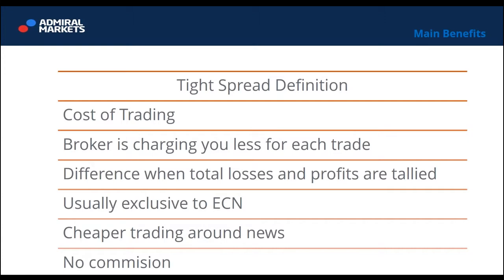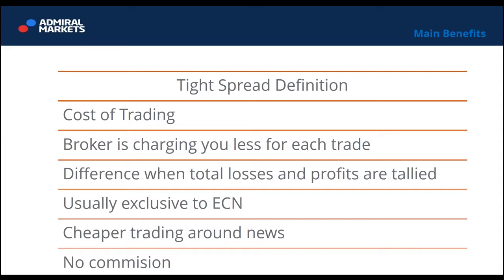So whenever you open a trade, your broker will charge you for each trade. That charge is usually in the form of commission or in the form of spread. On an ECN account, because spreads are very, very low, you will pay commission.